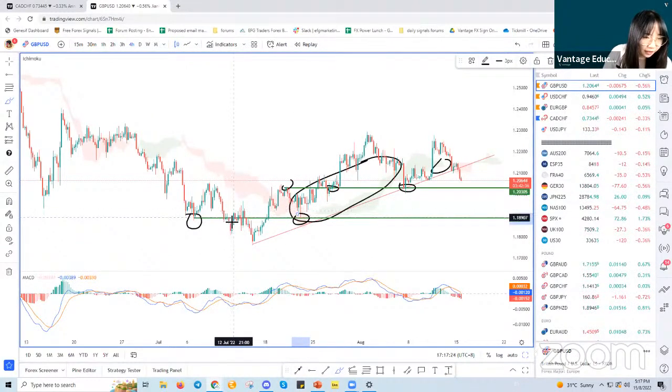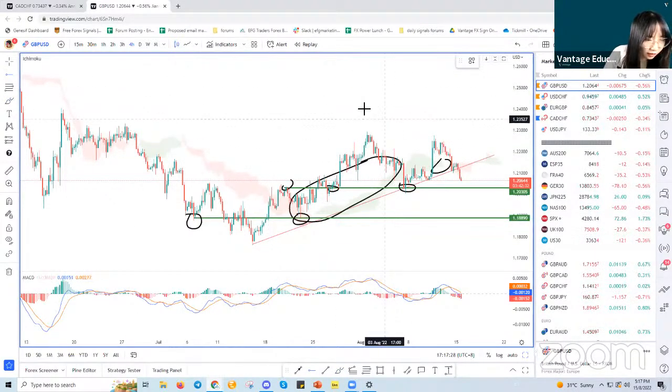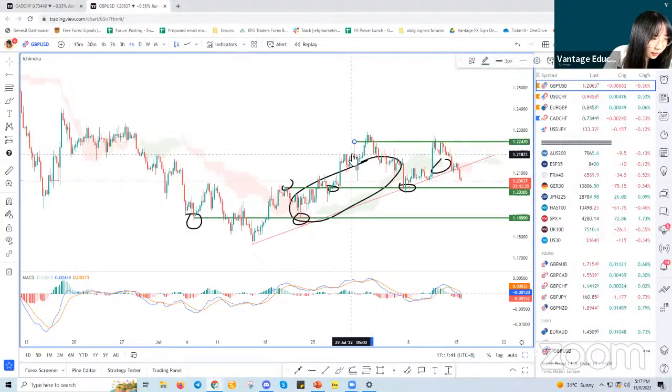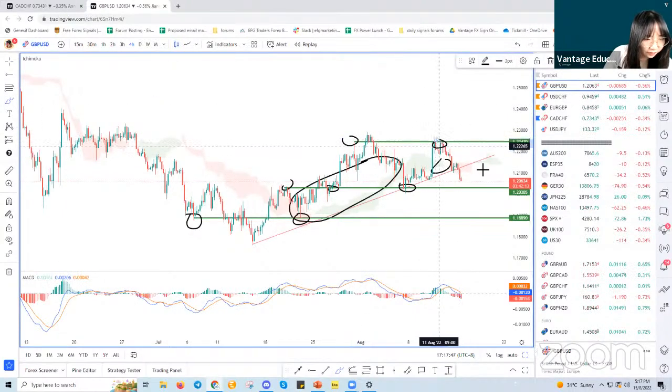But if the price goes up, we will see it may go up to here. As you can see here, also some touches, here, here.